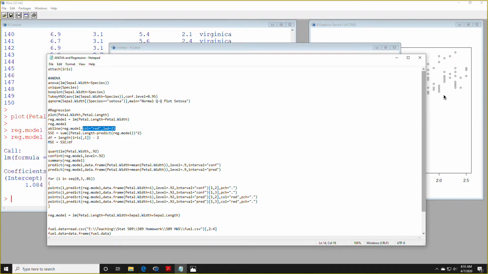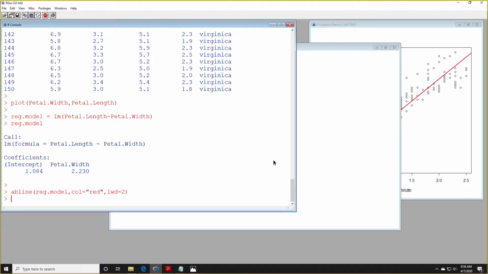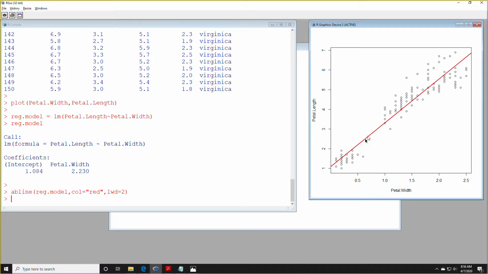If you already have a scatter plot up like this, which we did from plot, and you use this abline function and put as the first argument whatever you called your regression model, then it's going to put the line of the regression model. So this is our line of best fit. And of course, this is 1.084, and the slope is 2.23.